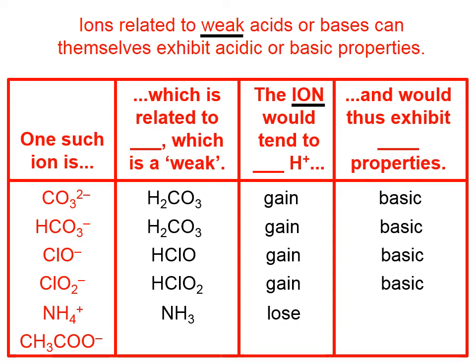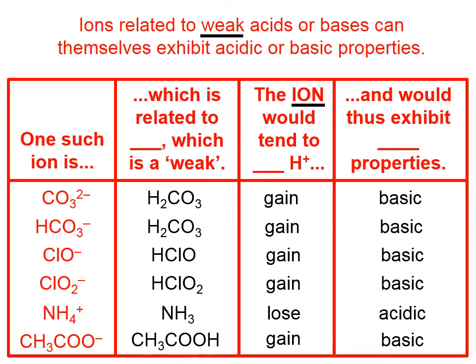If anything, it's going to tend to lose a proton, thus acting acidic. And the last one is the acetate ion, which we know is related to the weak acid, acetic acid, and that acetate ion would tend to gain protons, acting like a base.